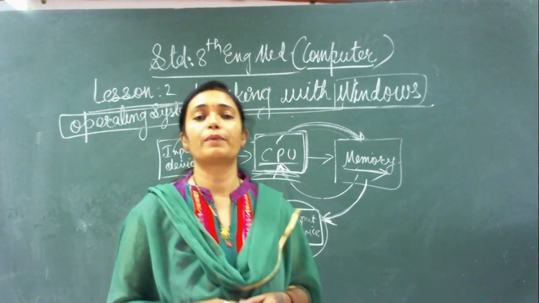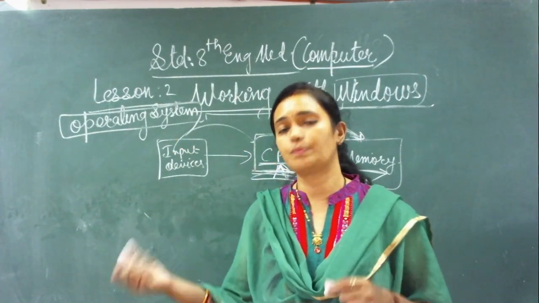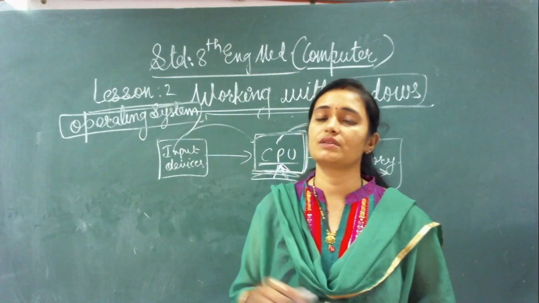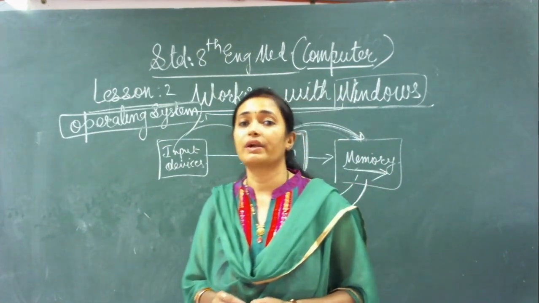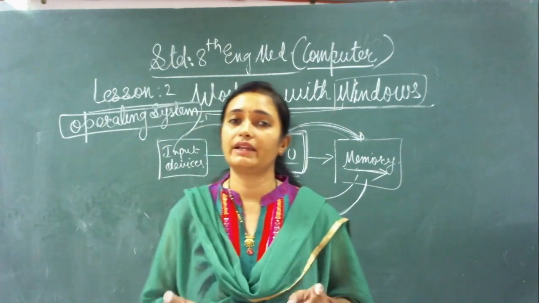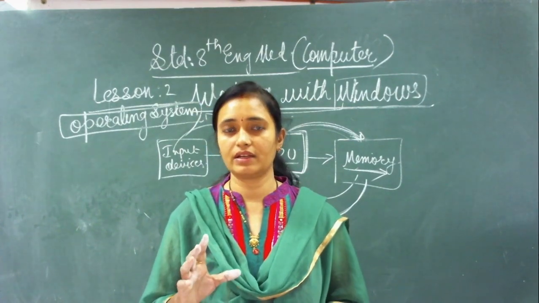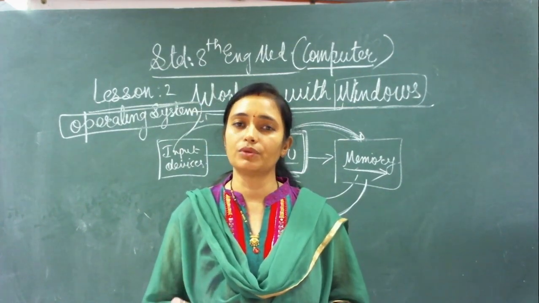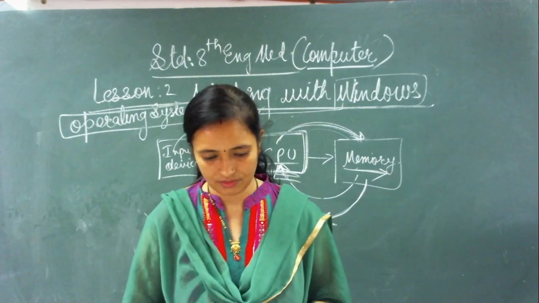So the operating system will give different commands to the CPU, and then the CPU works on the basis of the commands given by the operating system. So the operating system will control and manage all the functions of the computer, right, and it will help the CPU for performing the different functions.